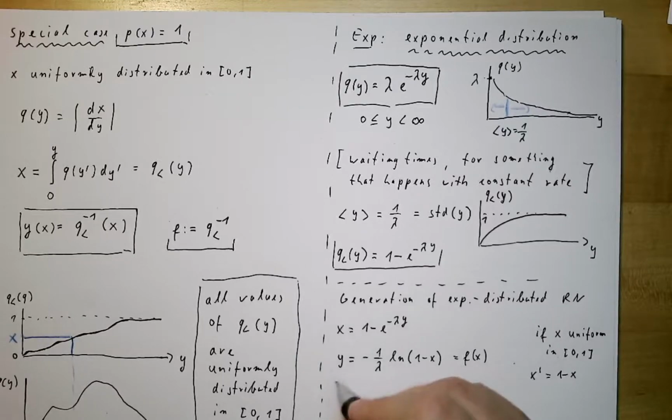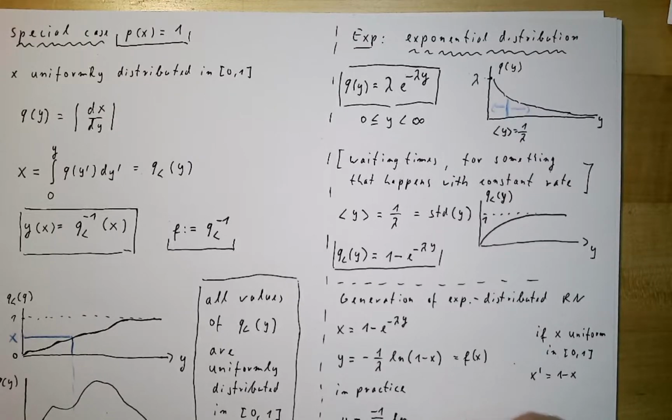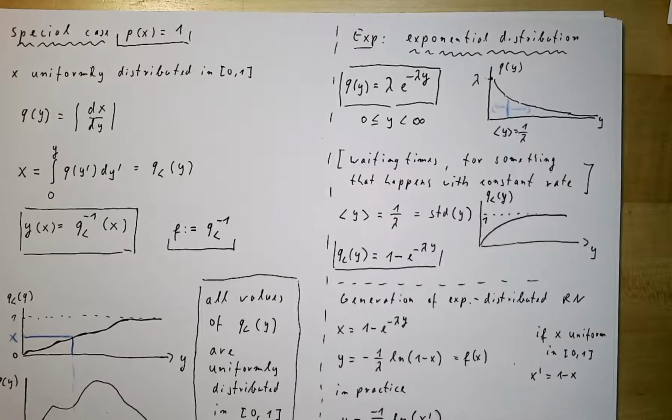So in practice we take y equals minus 1 over lambda times the logarithm of such an x prime, which is even more simple.